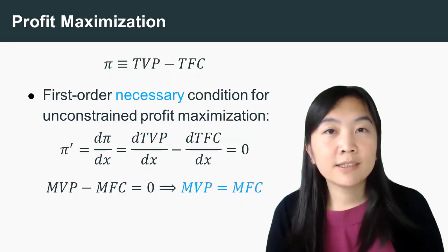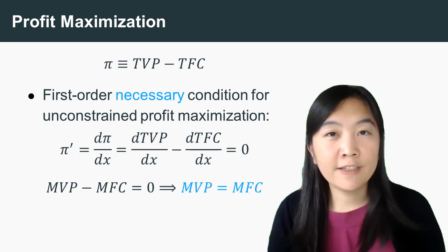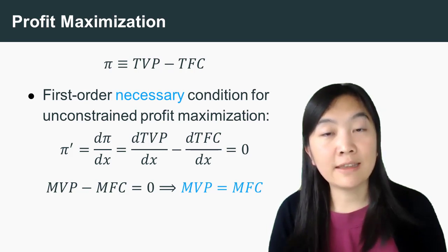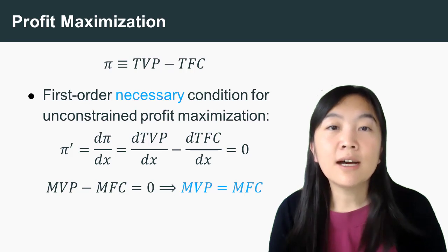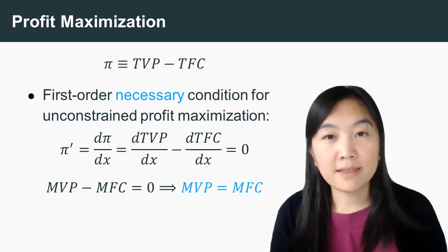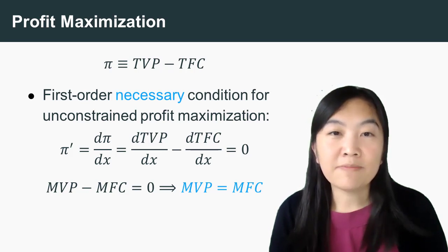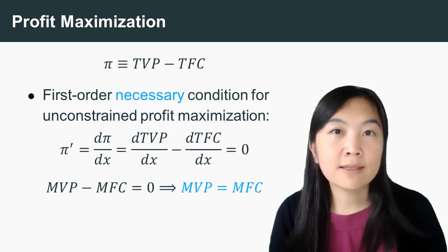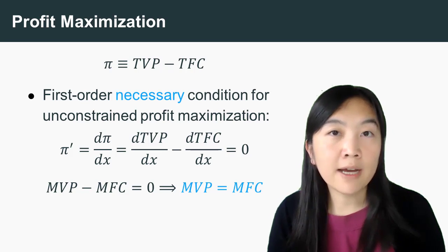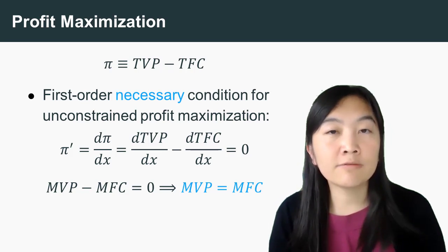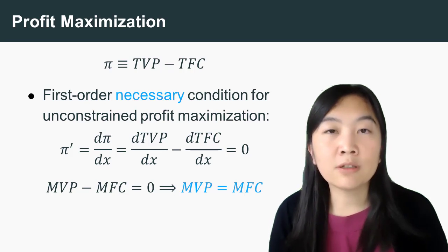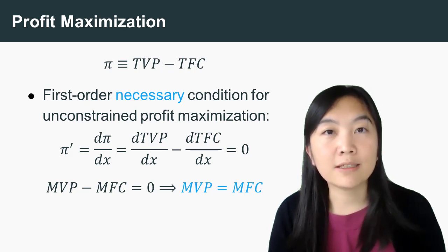So the first condition for profit maximization is what we call the first order necessary condition for unconstrained profit maximization, which is MVP equals MFC. And why is that? It is because we set the first derivative of profit with respect to input, which is a choice variable, equal to 0, and we get this condition.